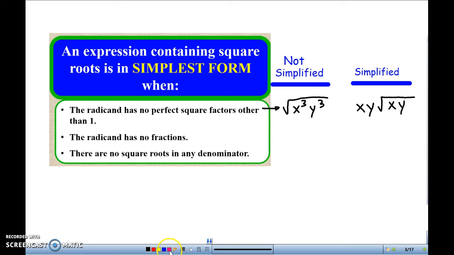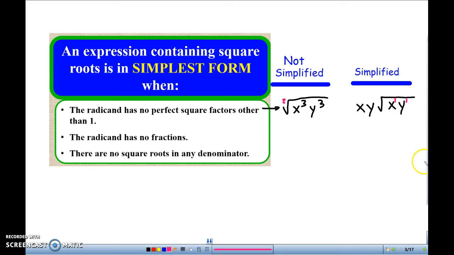My index here is 2. So I put together groups of 2 so they'd come out as a single, and this is what I got for my answer. I know this is simplified because the exponent on both of those variables is 1. And like I told you, if the exponent on your variable in the radicand is any number bigger than 1, it is not simplified. Okay?